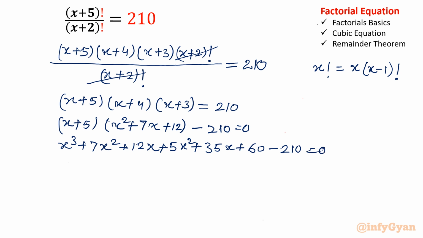Now simplify this side. x cube plus 12x square plus 47x minus 150 equal to 0. Now this is one cubic equation. We have to solve this equation. How will we solve? I am going to use remainder theorem.